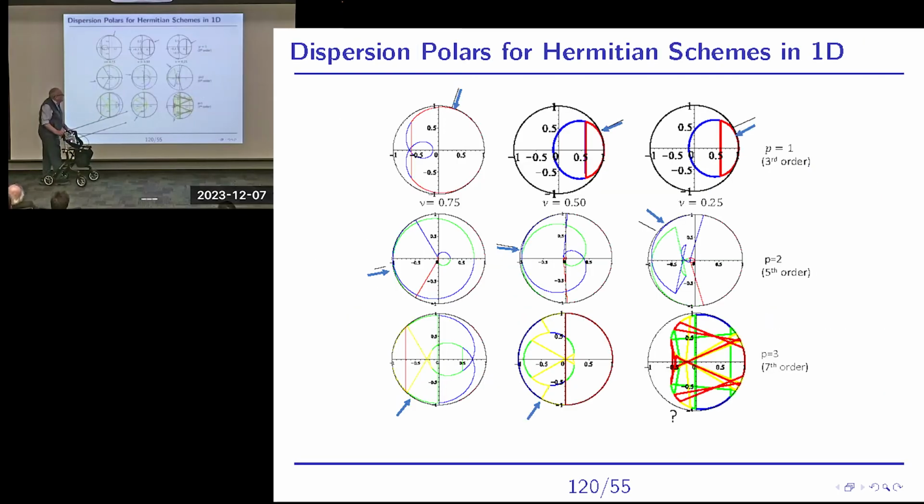This is very new, and I don't know nearly as much about it as I would like, but I am excited about it. These are the dispersion plots. The third order scheme, we see improved error, we see improved bandwidth. We see that the high frequencies are well behaved.